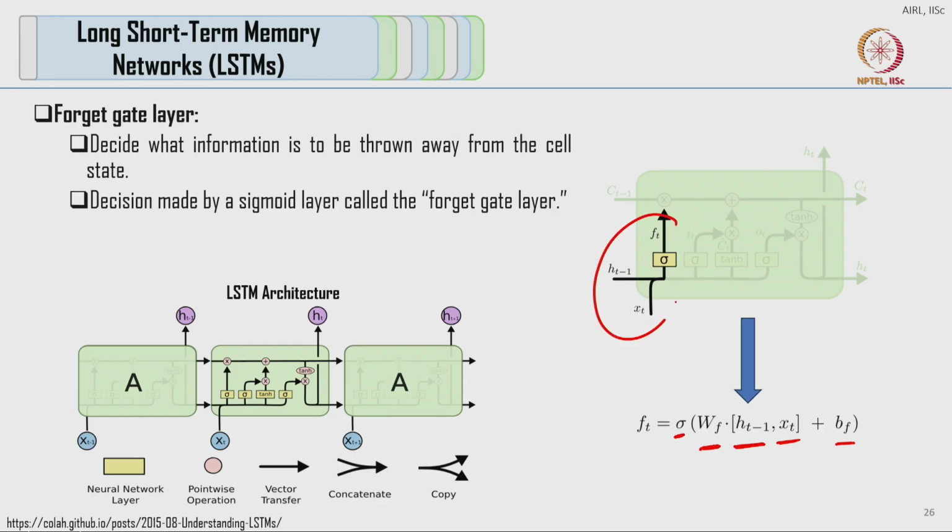This is essentially ft. Now ft, if it is 0, it means forget the information, and if ft is 1, it means retain all the information, and somewhere in the middle is essentially a mix of forgetting and retaining, right. Now as observed here, the forget gate multiplies to the previous cell information.